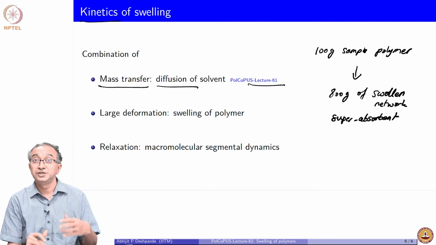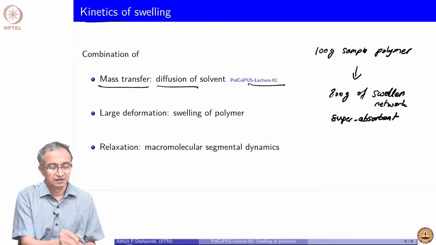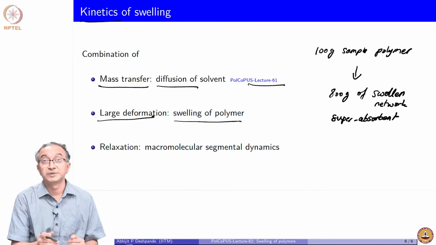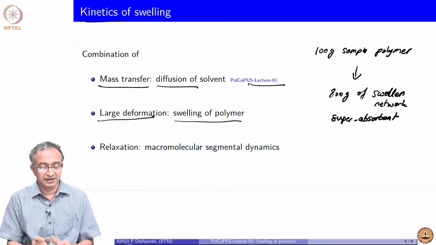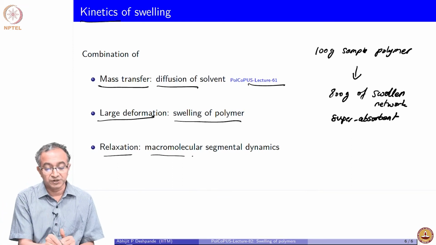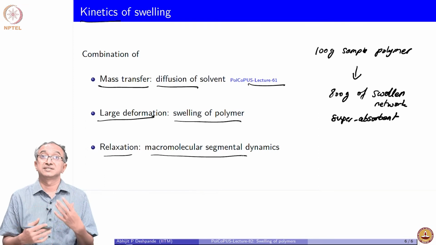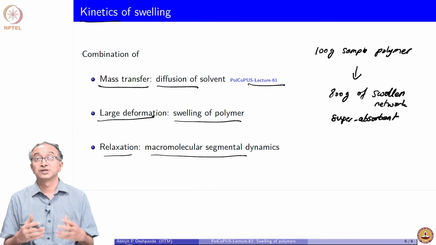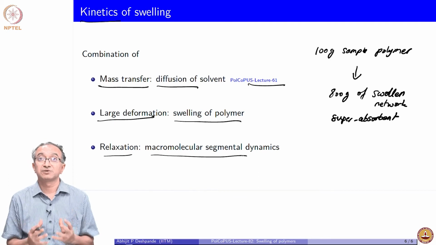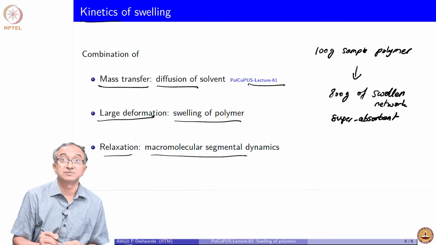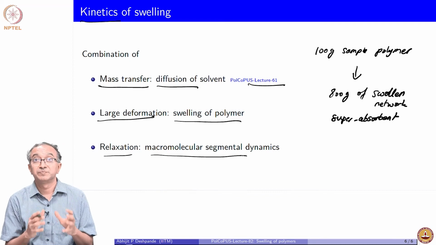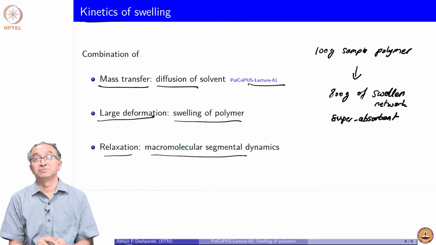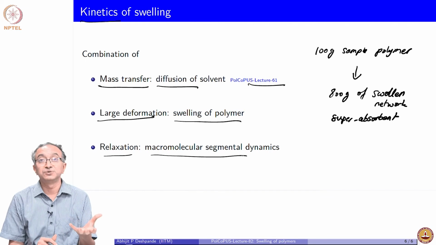And this need not be fixed diffusion as we had discussed earlier. Large deformations are involved because swelling ratios can be extremely high, and of course, whatever we have discussed in terms of viscoelasticity and the fact that polymer chains can relax, segmental motion is possible. So, all these three have to be combined together, and that makes the kinetics of swelling a more complex phenomenon to describe.